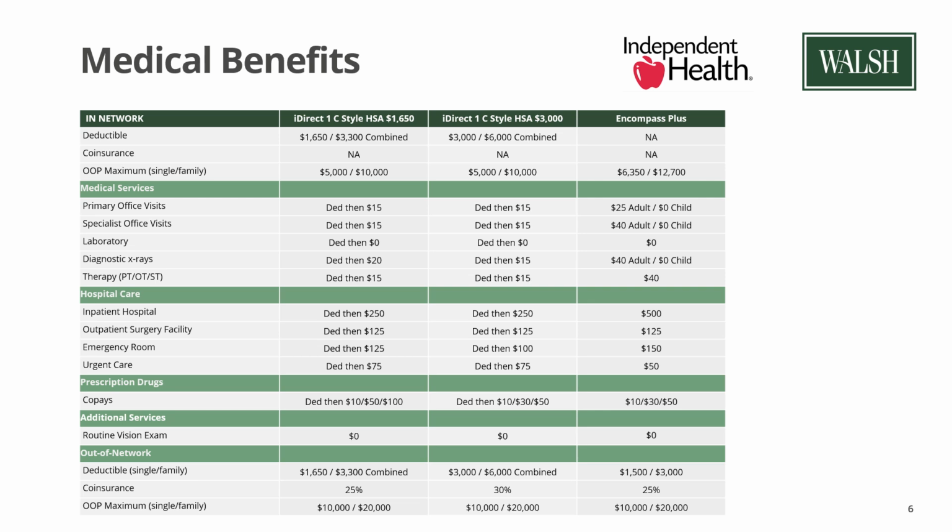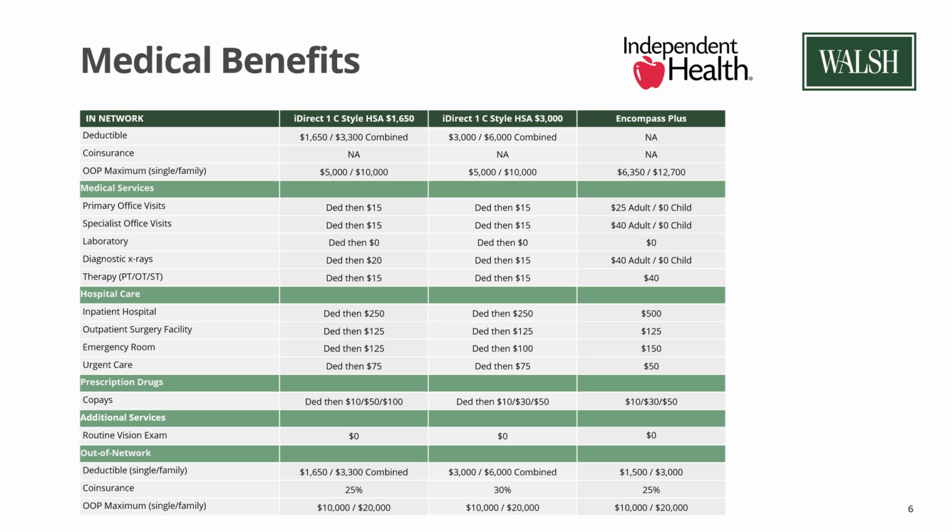Outpatient surgery facilities are $125 per service. Emergency room visits are $150 and urgent care visits are $50. Prescription drugs are a $10, $30, or $50 copay depending on the tier of medication that you are having filled. There's also an additional benefit of an annual routine eye exam that is a $0 cost to you.